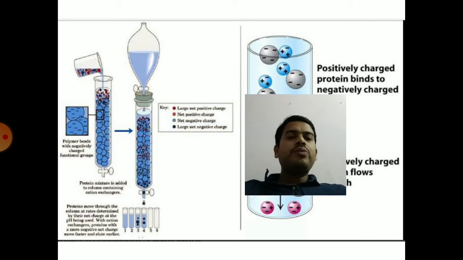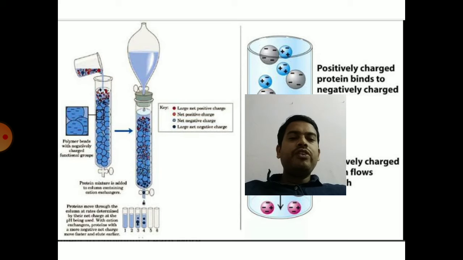In ion exchange chromatography, the basic principle is that separation is based on the charge of the protein. Here you are using a glass column as solid support and you will be using exchangers, anionic or cationic, to pack the column.